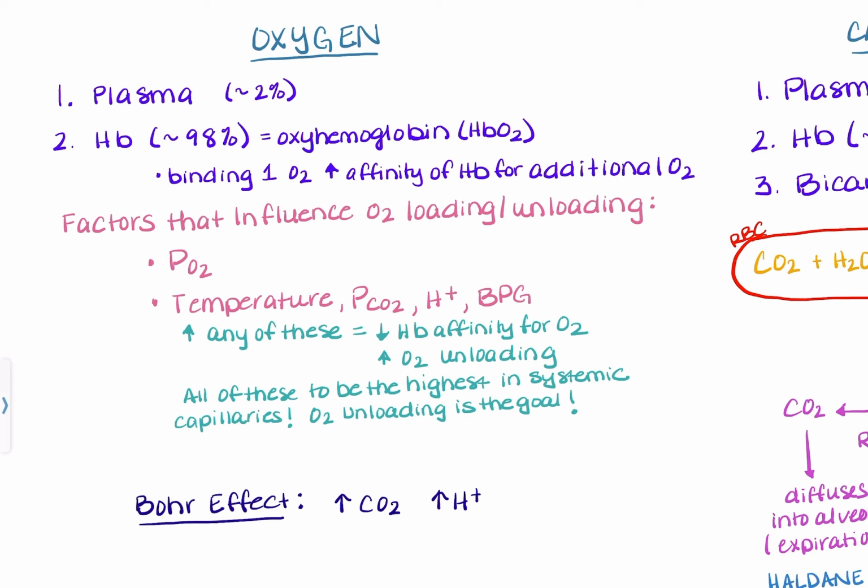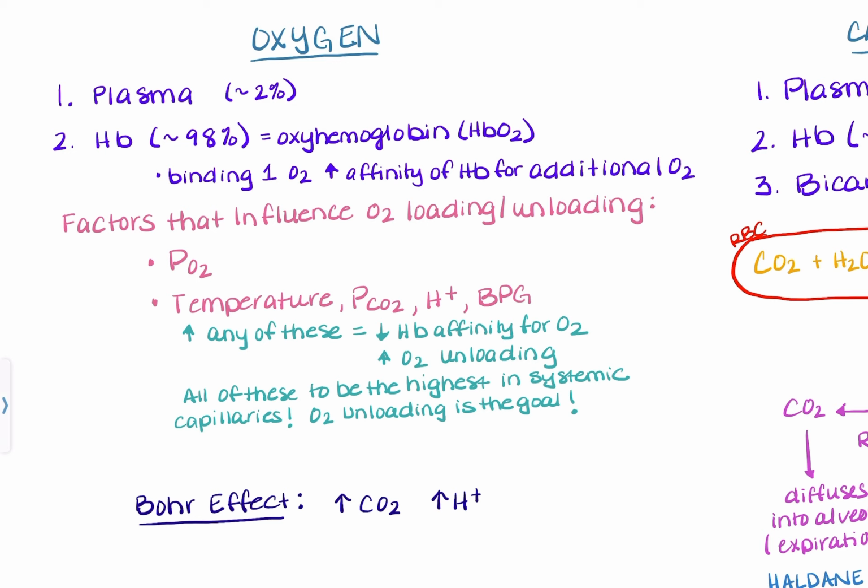So we picked up in our lungs our oxygen. We have our oxygen bound to hemoglobin, 98% of it. Now it's being transported via the cardiovascular system to try to be delivered to tissues that have used a lot of oxygen, and now they need more oxygen.